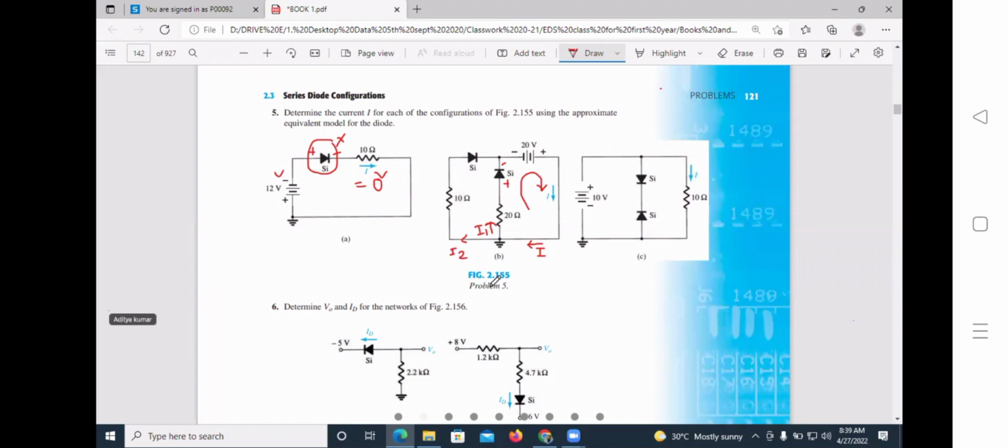So I is getting divided into two parts here. Again they will mix here and they will become I.